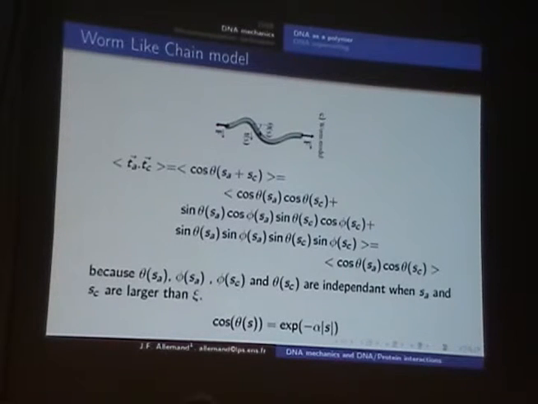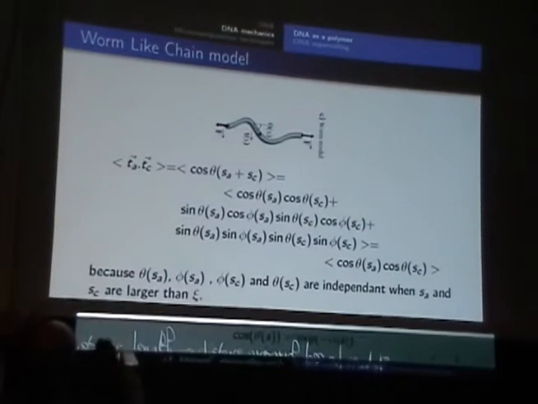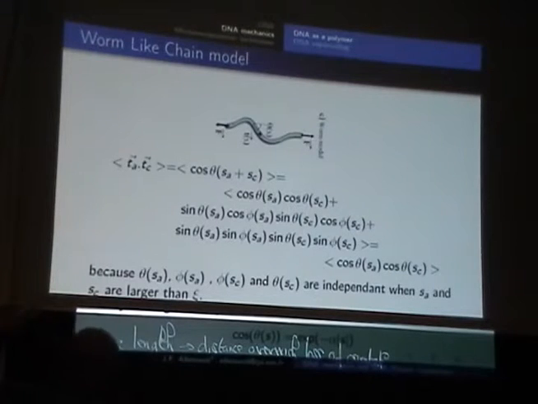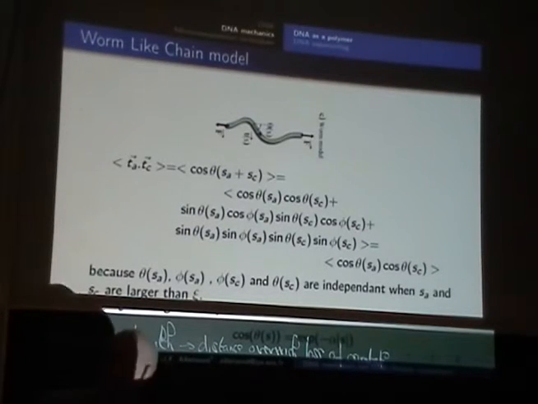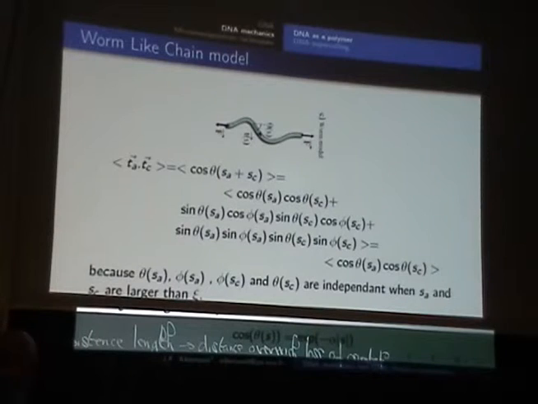So here, I forgot to make the drawing. Here we consider our polymer, and we will have three different points, A, C, and B, that will be at the origin of our frame, and Z here. And so there is a tangent vector here, TA.